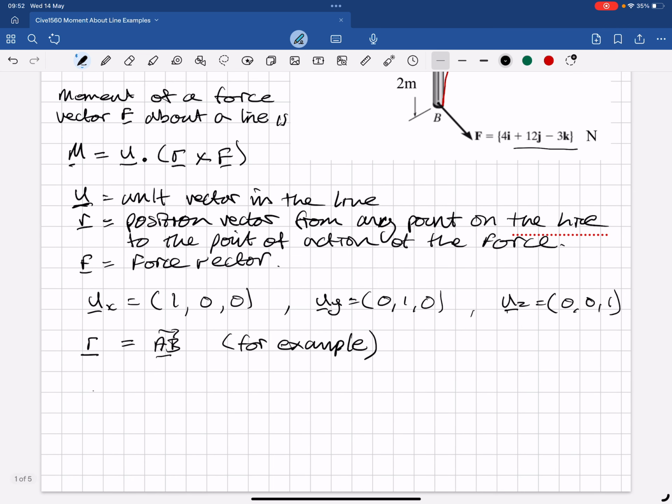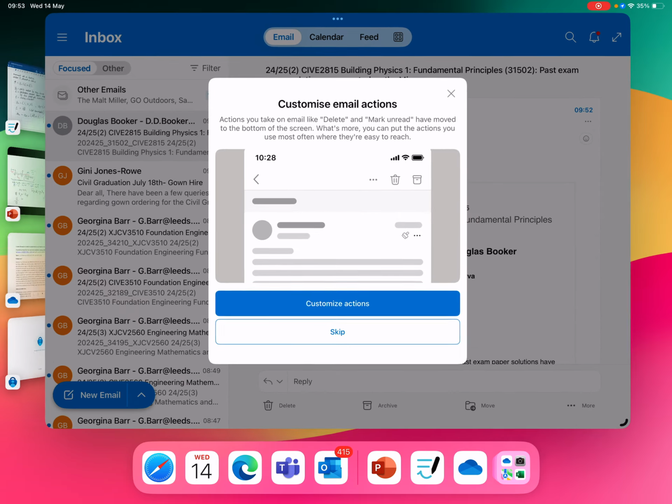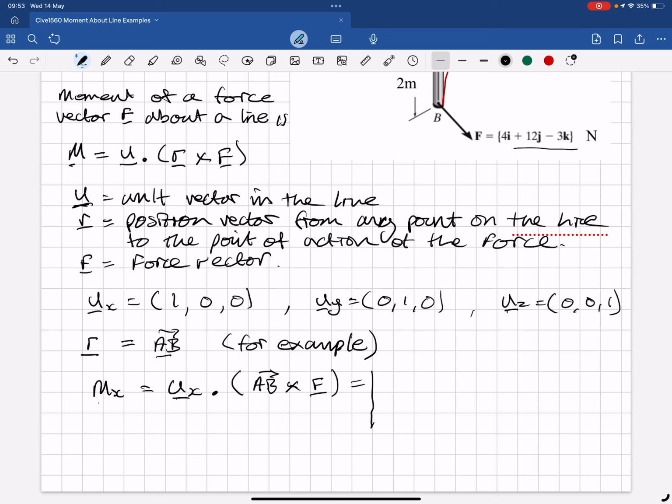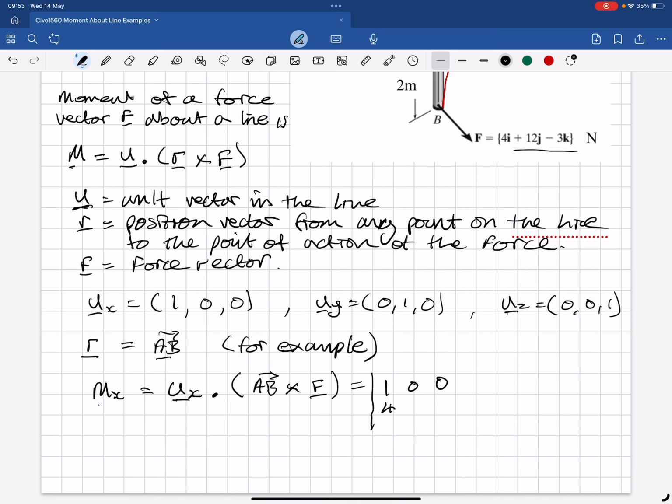So we can easily write down a moment in the x direction is equal to ux dotted with AB crossed with the force vector, which we write down as ux 1, 0, 0, AB, we calculated it earlier, 4, 3, minus 2, and the force vector 4, 12, minus 3.